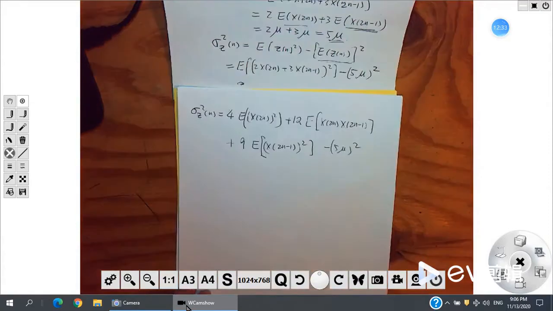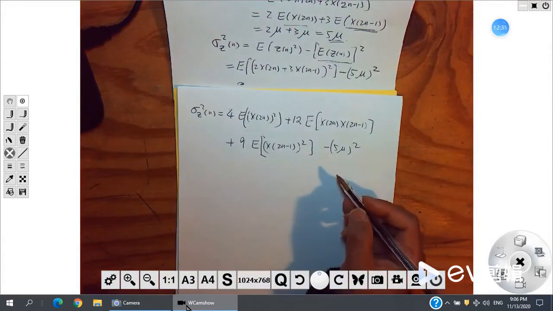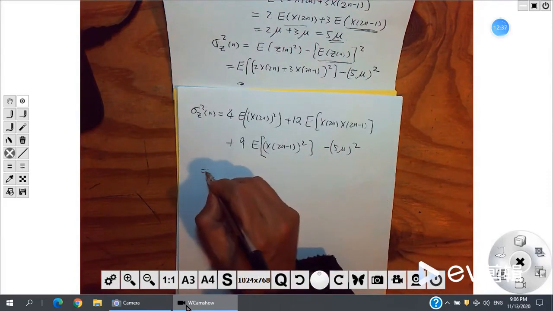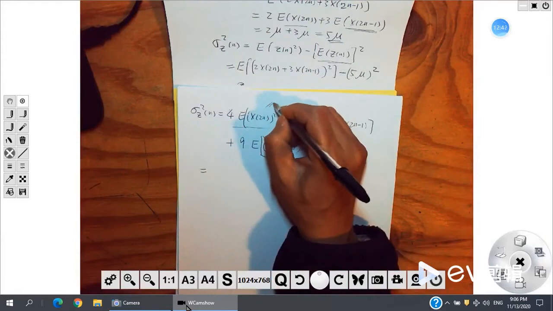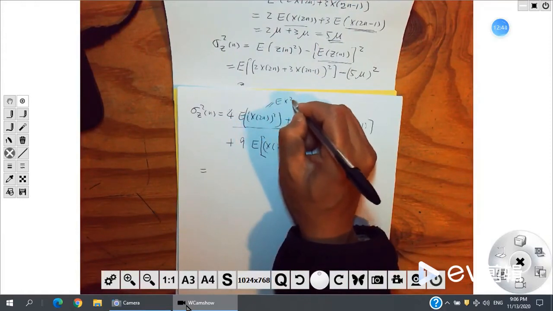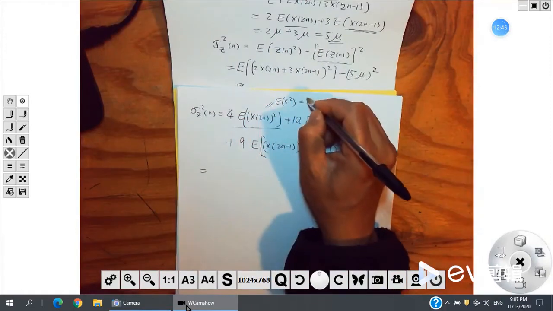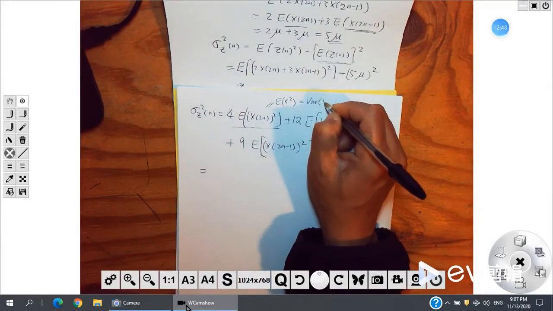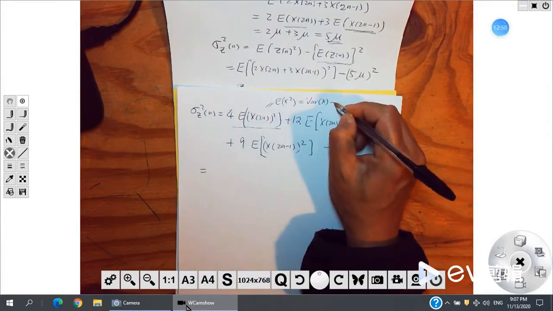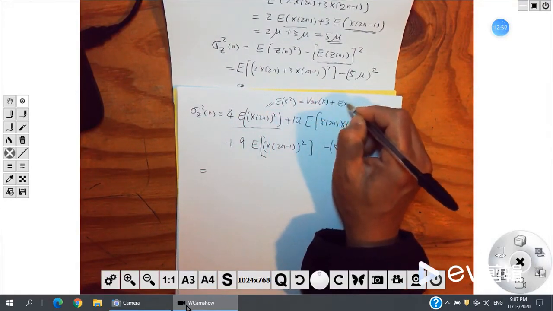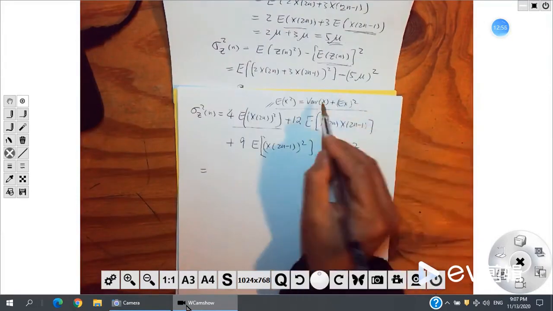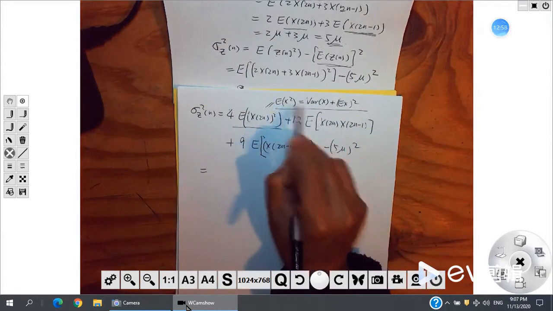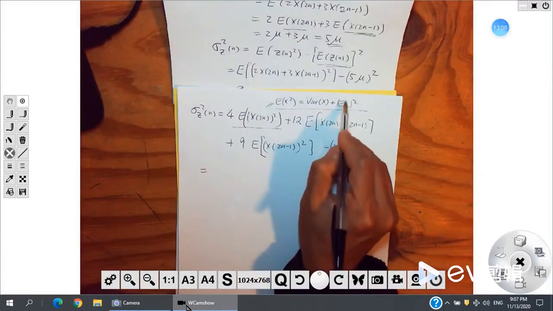Then what is this? Okay, this one we know is just the E of x squared, right? So this will be the variance of x plus E of x squared. Can we get this? Yes, right? Variance should be E of x squared minus E squared of x.